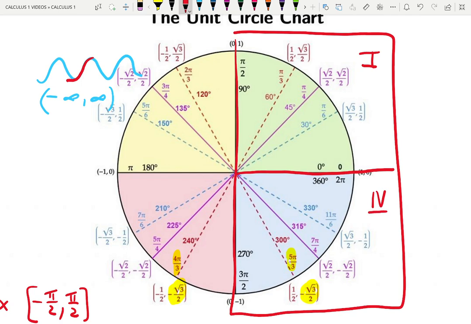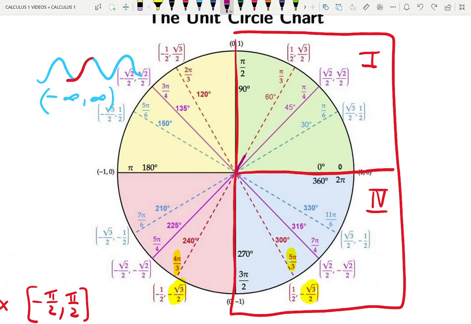First and fourth quadrant. And also, we're not going to answer as 5 pi over 3. We're going to give the answer not in terms of the full circle, but only the first and fourth quadrant. So, guess what will be the answer? Correct. The answer will be minus pi over 3.